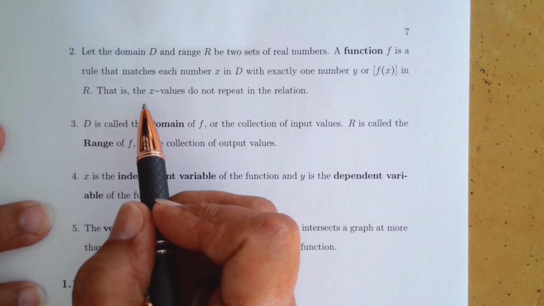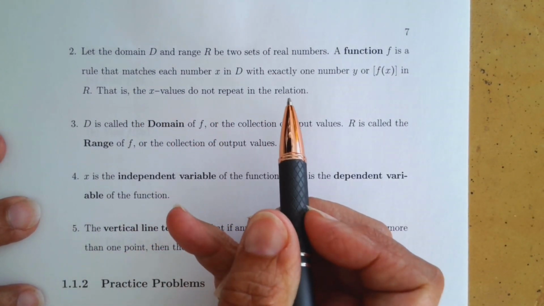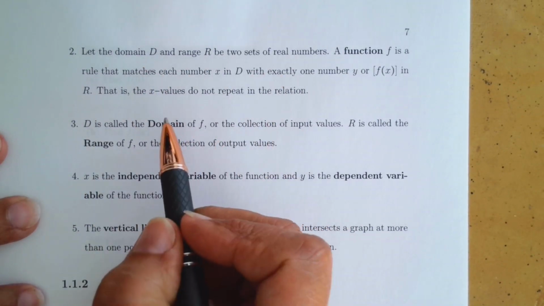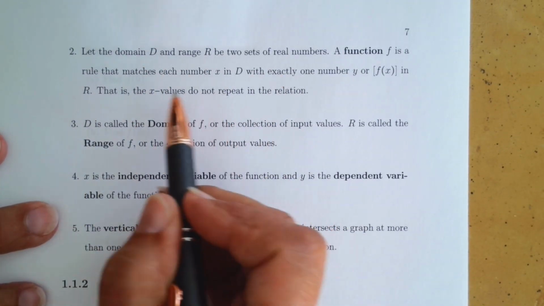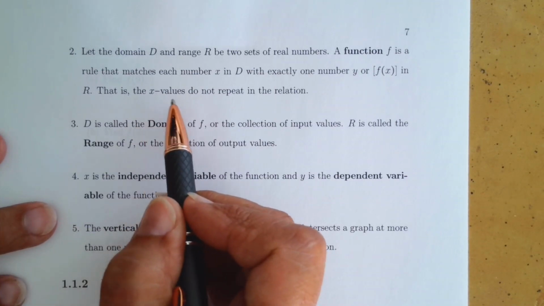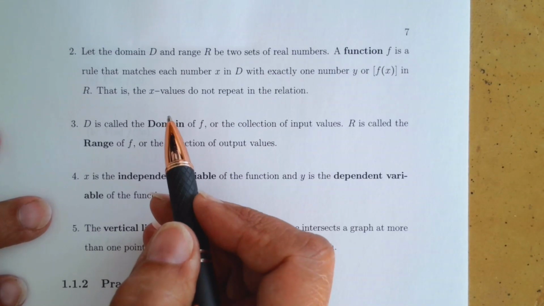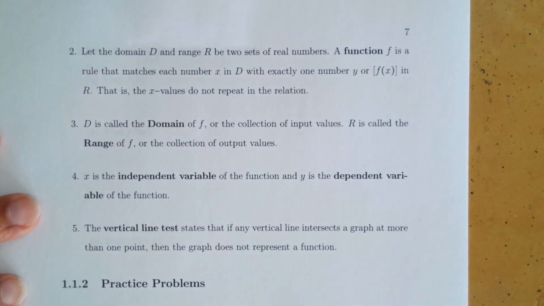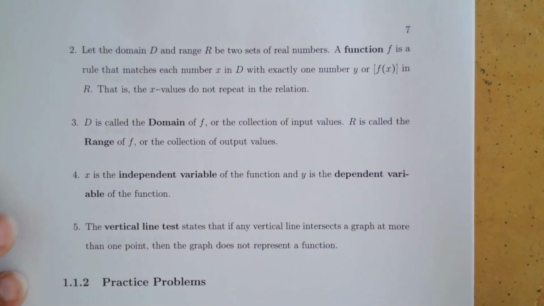So what that says is that the x values cannot repeat in the relation. So the easiest way to remember if something is a function when you're looking at numbers is you want to make sure that all the x values are different. Okay, that's what this says in a nutshell, but that's always what we look for, the easy way, if we're given a set of numbers.